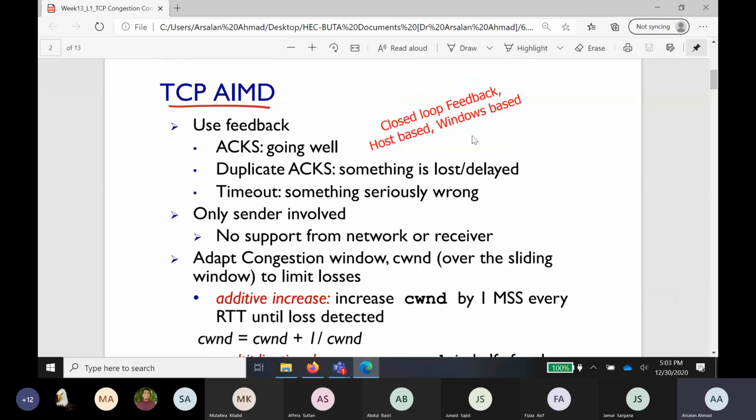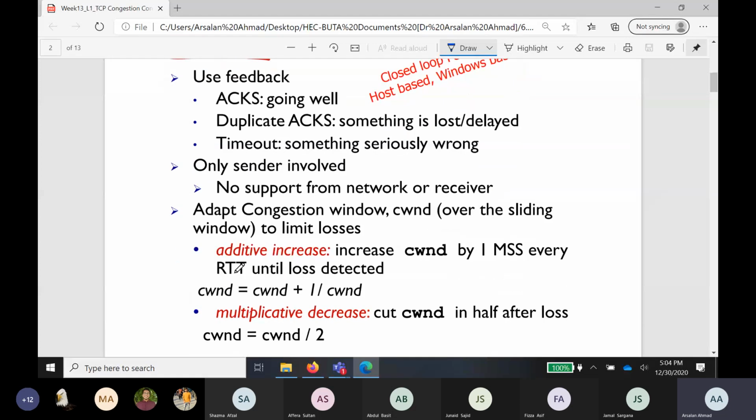We know that TCP is a closed loop, feedback driven, host based, window based congestion control protocol, and it tries to obtain feedback from the network, and then obviously runs the AI and MD part based on these formulas.